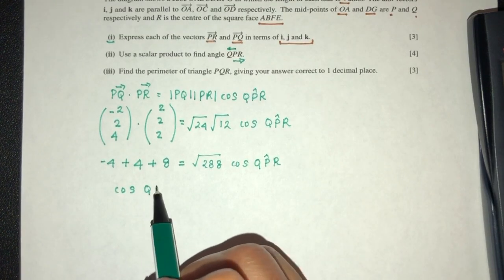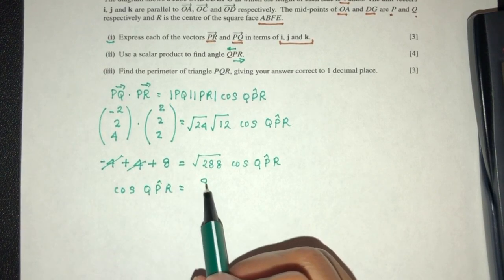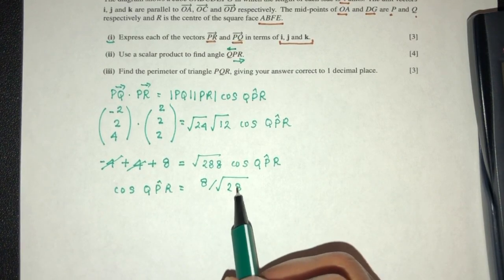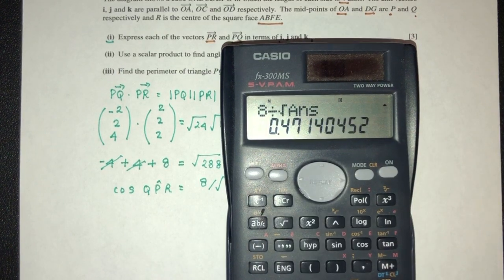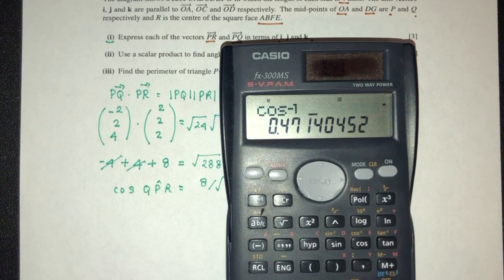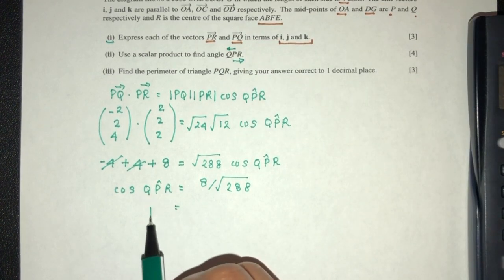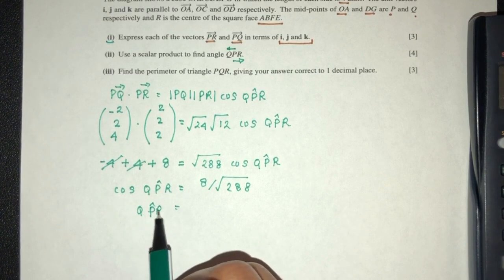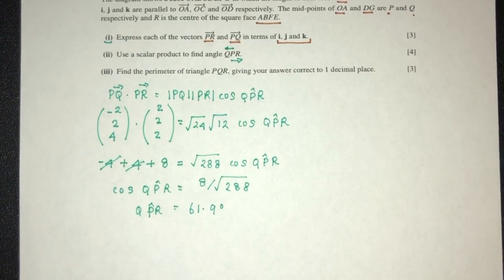So cos of QPR will be, cancel out, you will have 8 divided by root of 288. 8 divided by root of 288 should be this, and cos inverse will be 61.9, correct to 1 decimal place. So angle P or QPR will be 61.9 degrees. That is part 2 of your question.